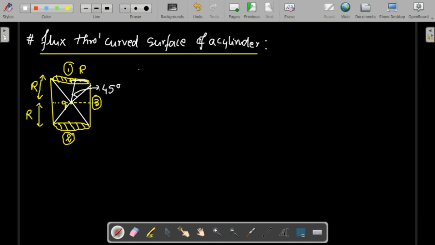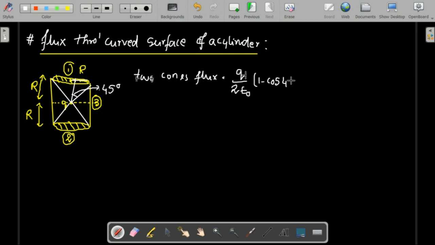So we are basically having two cones here. Flux, if you want to find out the flux of two cones, we can simply write it down as, for one cone, it is q divided by 2 pi epsilon naught into 1 minus cos theta. Remember this formula.